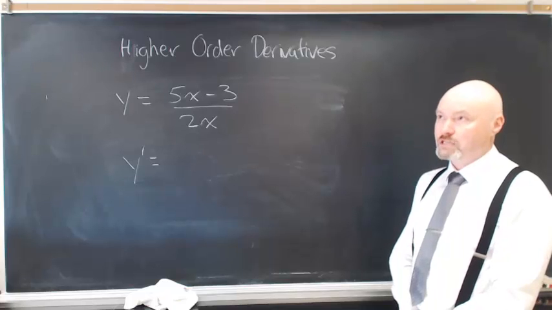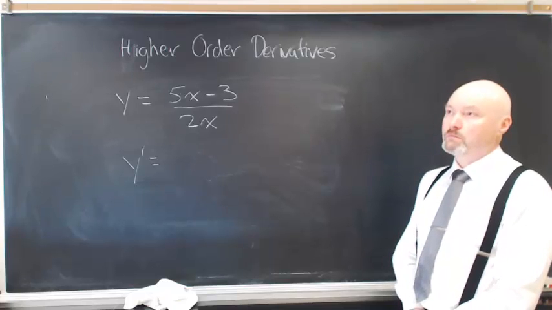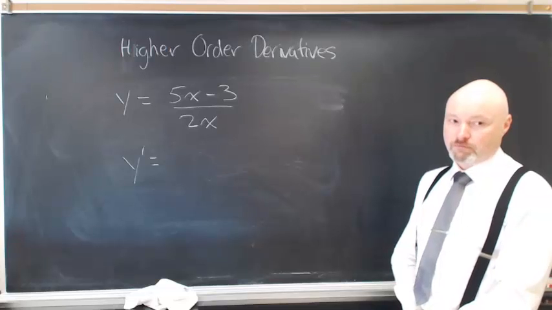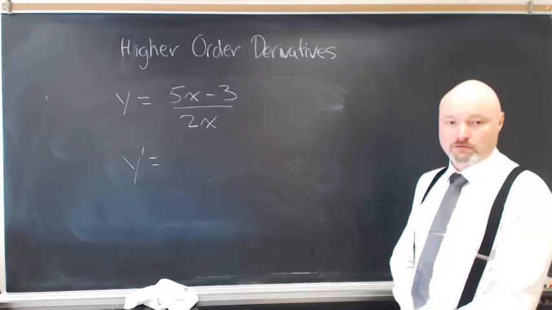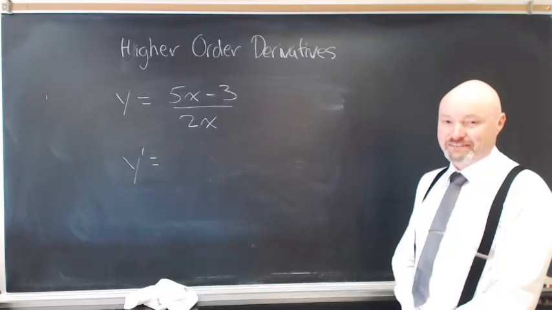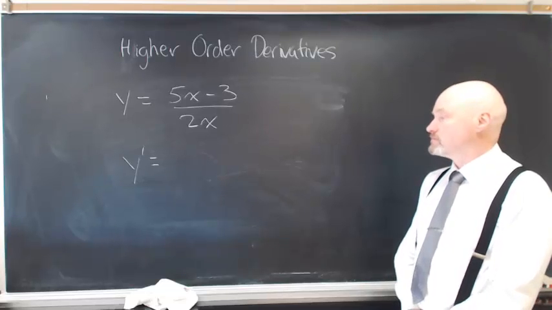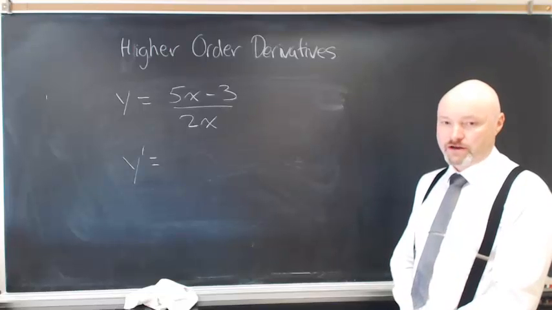No, bottom times the derivative of the top, minus top times derivative of the bottom, all over bottom squared. Q times P prime minus P times Q prime. All right.